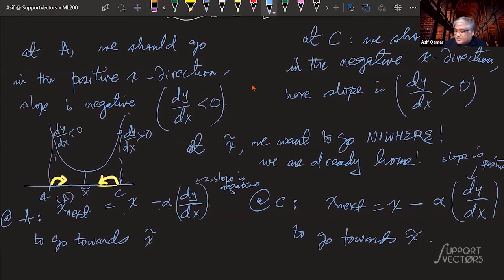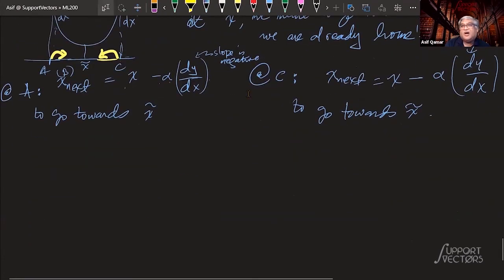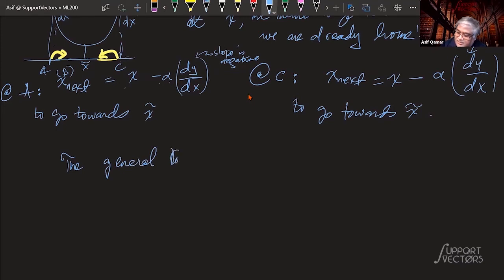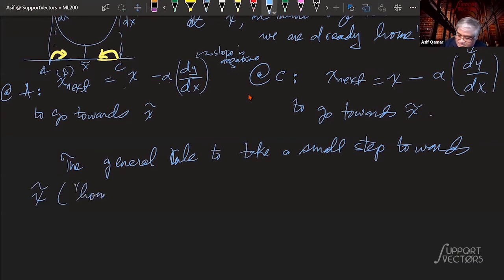Here the slope is positive. Right? And so you realize that irrespective of where you are, on the increasing or decreasing slope, the general rule to take a small step towards home, towards x tilde, is that your next value of x should be the previous value of x minus some small fraction of the dy/dx, right?